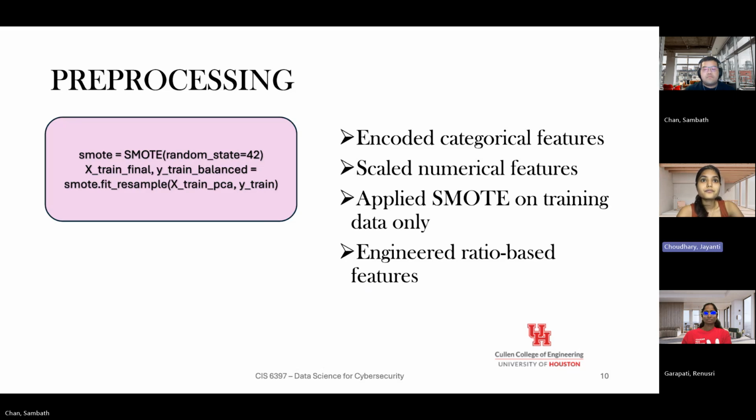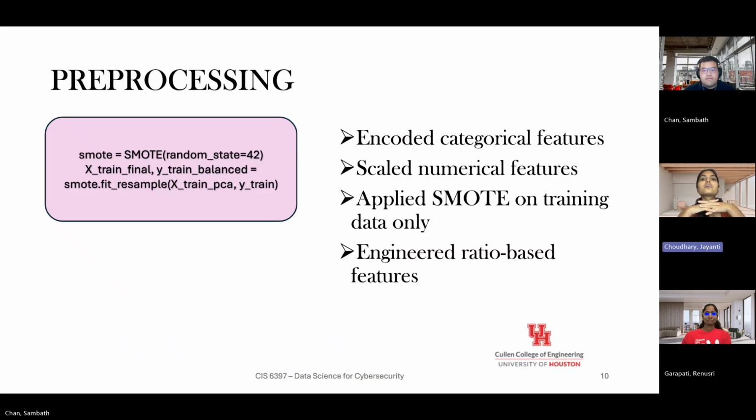From our experiments, we found several important insights. First, ensemble models like random forest performed better than a single decision tree. Second, we saw significantly reduced false negatives, meaning fewer attacks were missed.